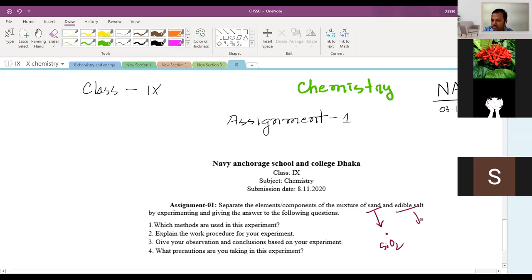Sodium chloride is an ionic compound, soluble in water. Sand, silica, is a covalent giant molecule, so it is insoluble in water.